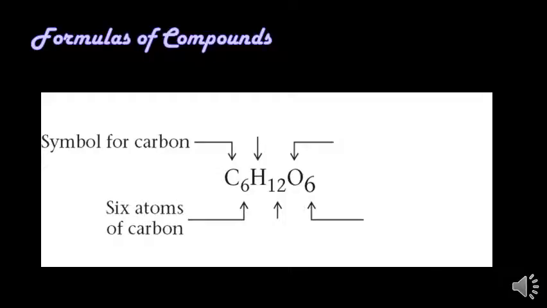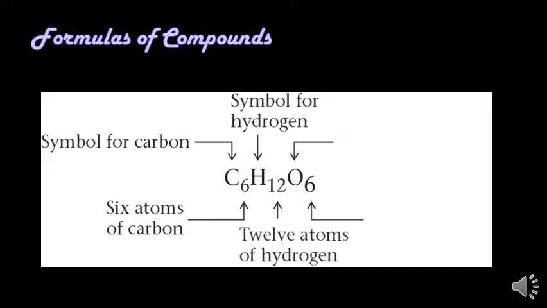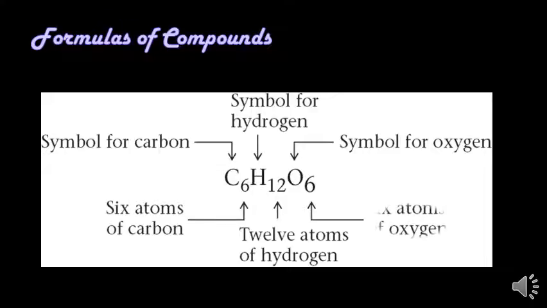See, we write the 6 just a little below the line. And that means we have 6 atoms of carbon. Then H is the symbol for hydrogen. The 12 says, hey, we've got 12 hydrogen atoms. Then the symbol for oxygen. And we now know that we have 6 atoms of oxygen in this compound.